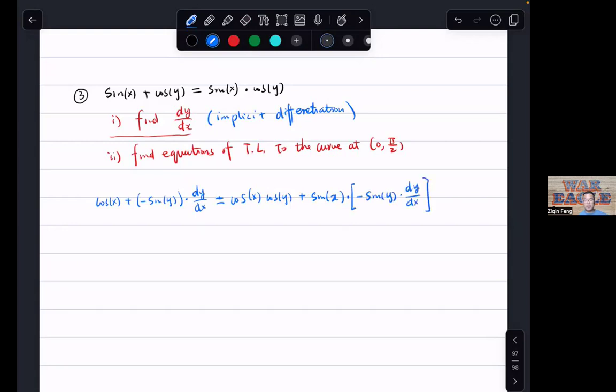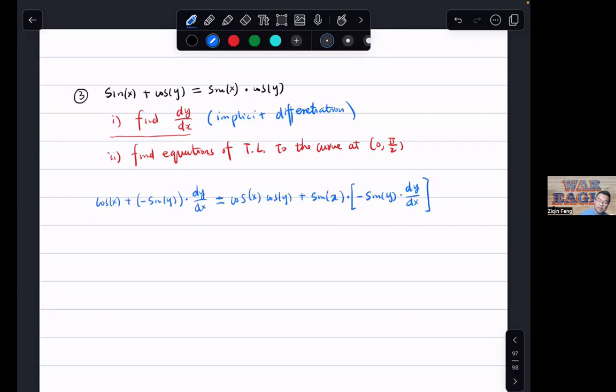So this is basically the equation we obtain after differentiating both sides about x. Now, what we want to do next is move all the terms that contain dy over dx to one side, and all the other terms to the right side, right?